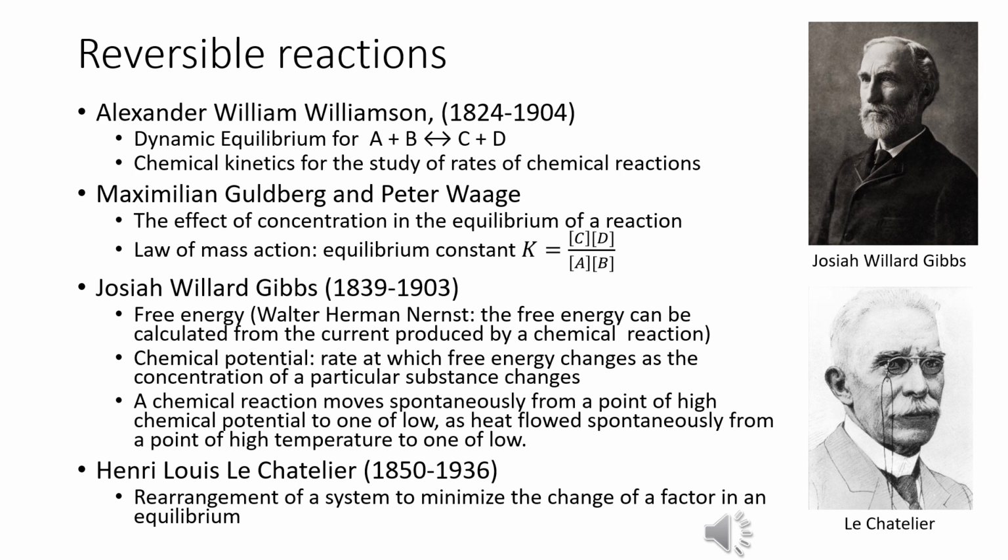And not only translated, but also complemented and developed what is known as Le Chatelier's principle, according to which if you have a system in equilibrium and you introduce a perturbation, like changing the concentration of one component, or changing the temperature or the pressure, then the system will rearrange itself in order to minimize the perturbation and reach a new equilibrium.